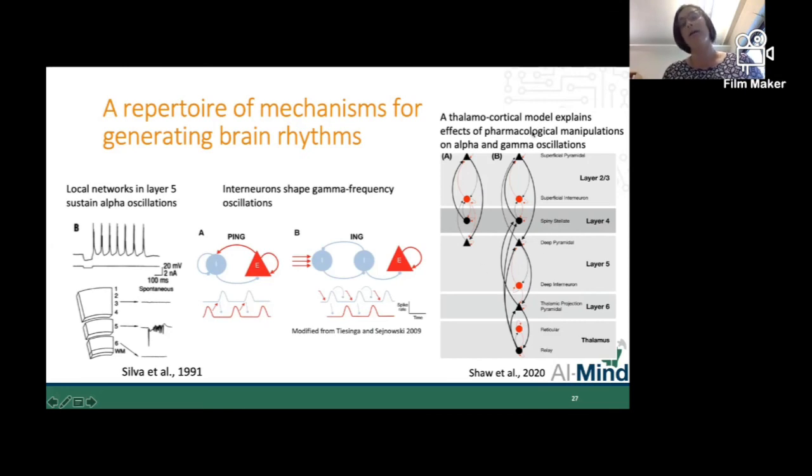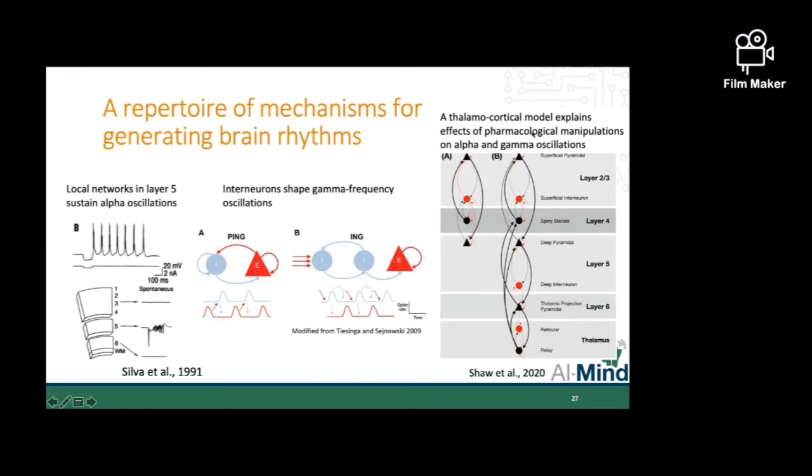And here I have just an example where a thalamocortical model explained quite well observed pharmacological manipulations on alpha and gamma oscillations. So clearly these cortical subcortical circuits also play a role in the generation of cortical oscillations.